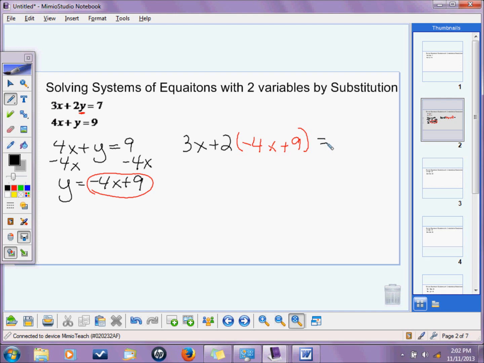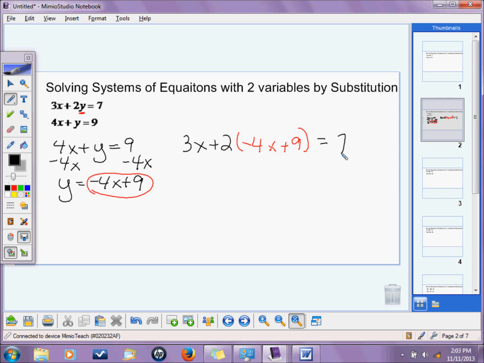And that equals how much? 7. Okay, so we don't want to forget what equation we're actually working with. Does everybody see what just happened? We just plug it in. You took negative 4x plus 9, and you wrote it in right where the y was, because that's what y equals.